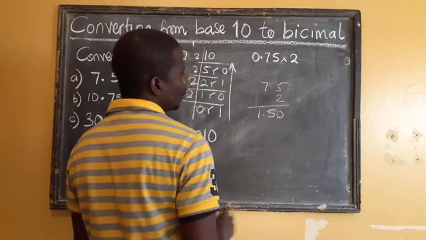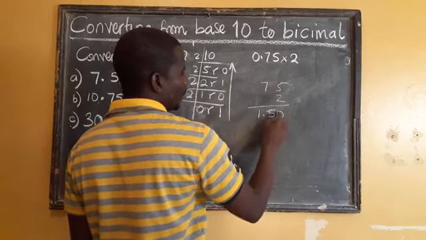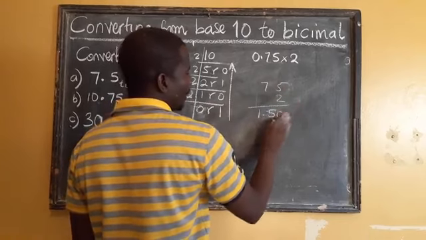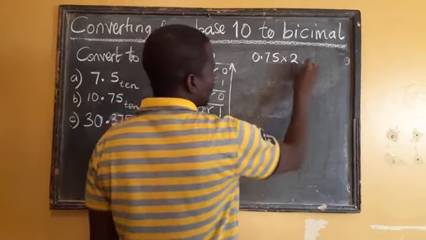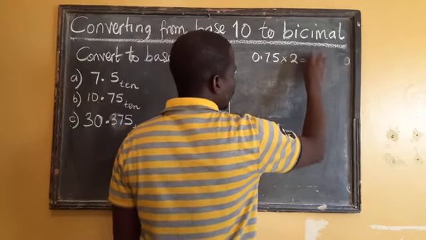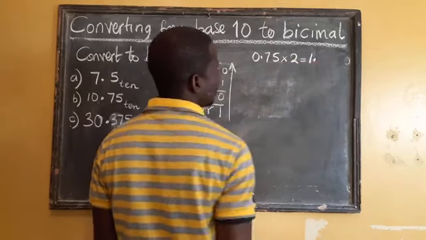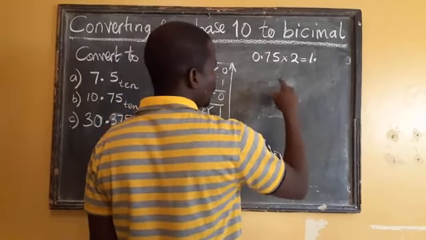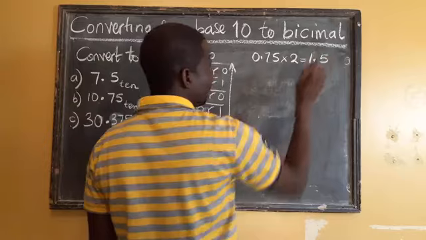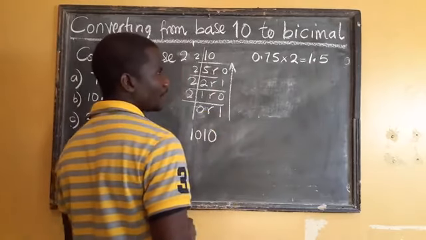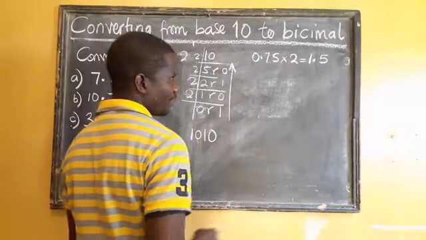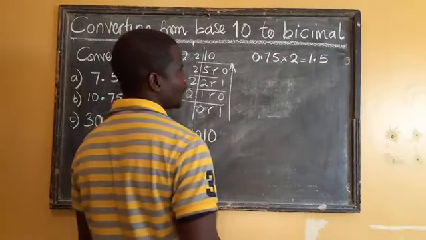When you multiply, this will be 0, this will be 14, so you get like 1 point, isn't it? It will be 1.5. That's what we are going to get. 1.5. So take note of that.